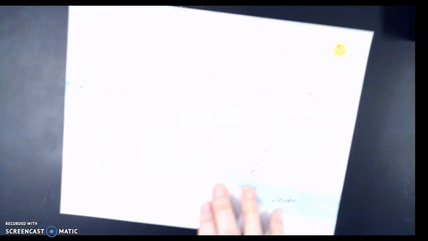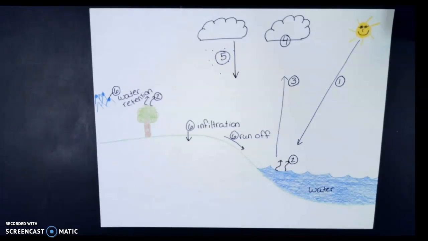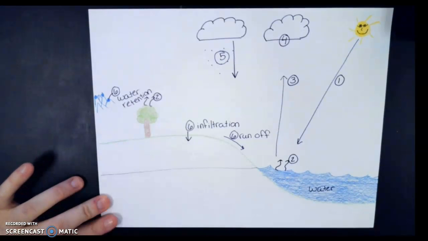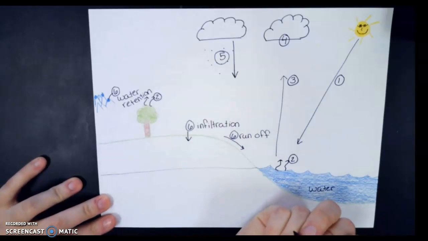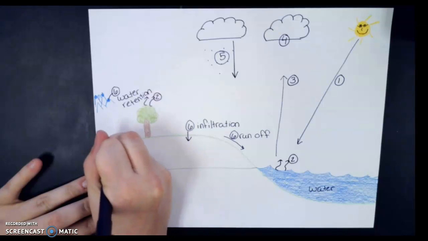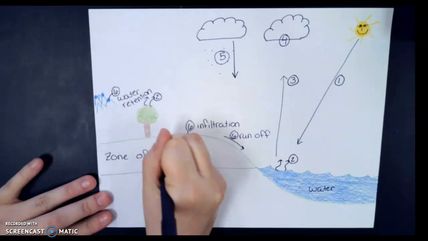One last thing that we need to add to our water cycle here are the subsurface zones. So we're going to draw a line coming out from the water table. The first zone is at the top and it's filled with part water, part air. And that is the zone of aeration.